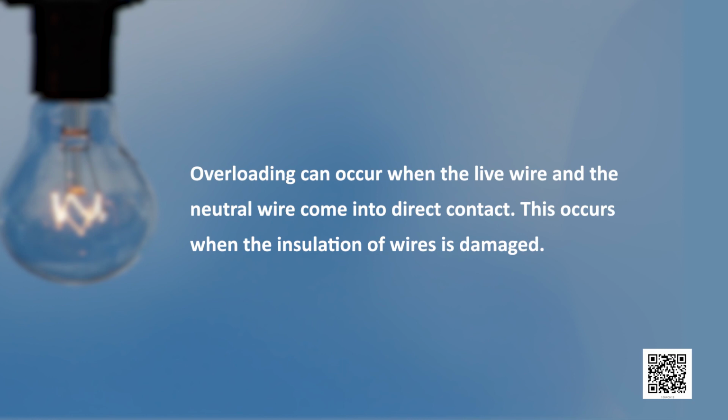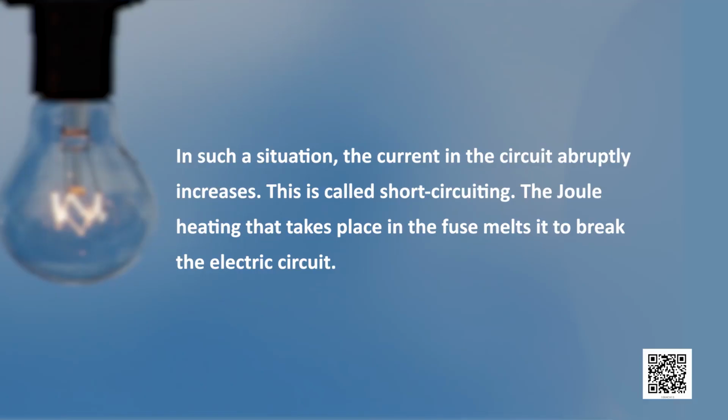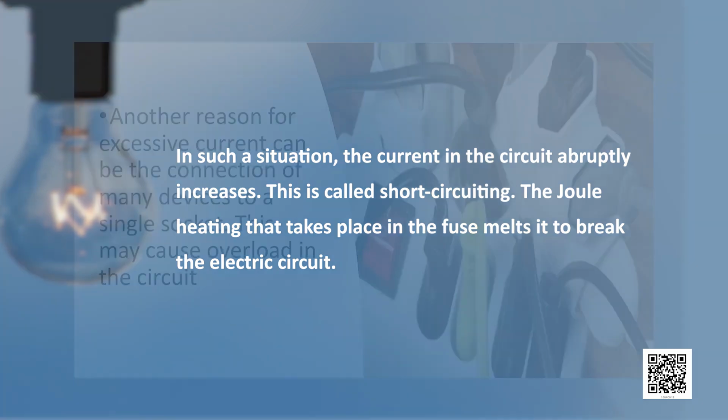This occurs when the insulation of the wire gets damaged, as I just showed you a minute back. In such a situation, the current in the circuit abruptly increases, and this is called short circuiting. The joule heating that takes place in the fuse melts it to break the electric circuit.